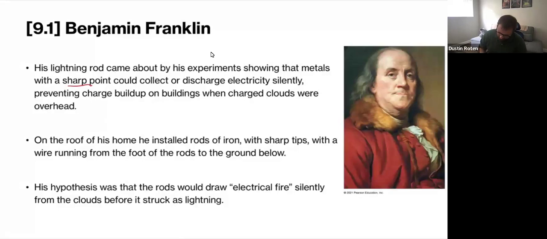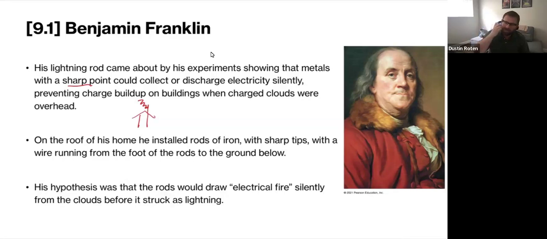So essentially, if you had your building, basically a long, skinny rod would sort of discharge clouds into the rod instead of discharging into the house, setting the house on fire. On his own roof, he actually installed several rods. He was also a proponent of installing them on a couple of different federal and governmental buildings.